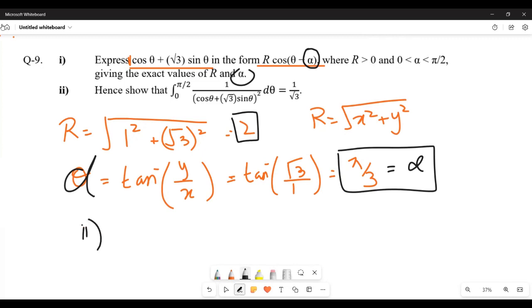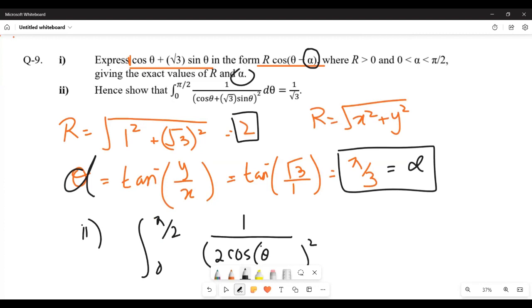Part 2 is, hence show that when you integrate 1 upon (cos theta plus square root of 3 sine theta) whole squared. So instead of that, we're going to write the changed form, which is going to be 2 cos(theta minus pi by 3).